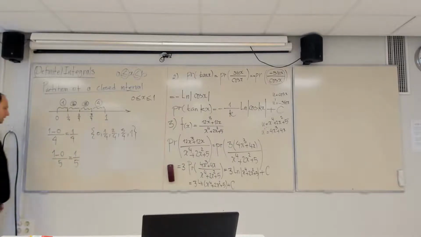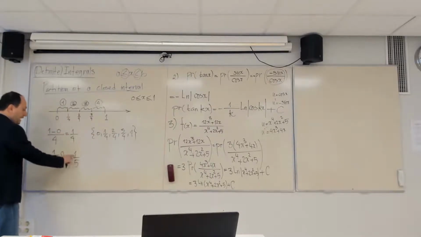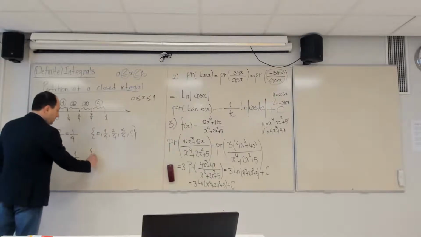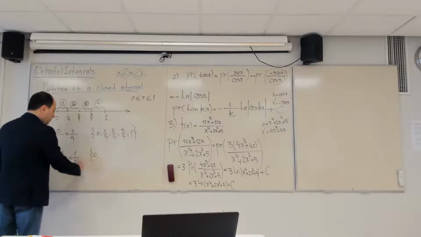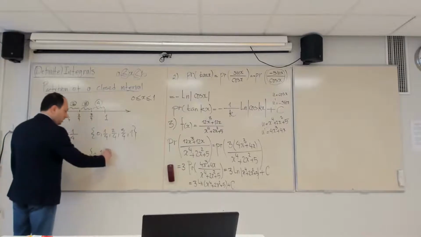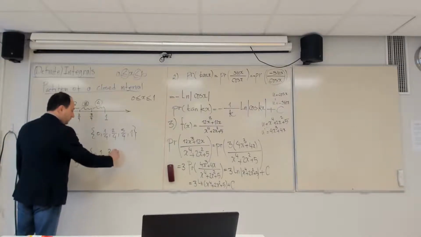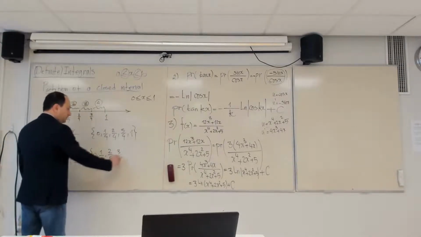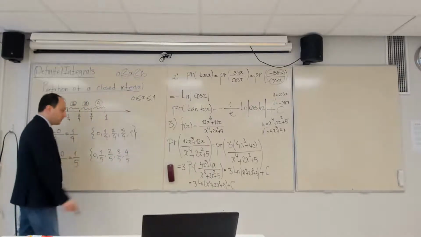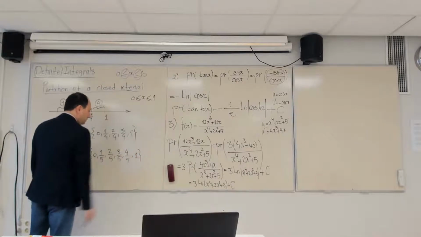And then every time you add 1/5 to the previous number. You start from the first number, which is 0. You add 1/5 to it. It becomes 1/5. You add one more 1/5. It becomes 2/5. The next one becomes 3/5. The next one is 4/5. The next one becomes 5/5, which is exactly 1.